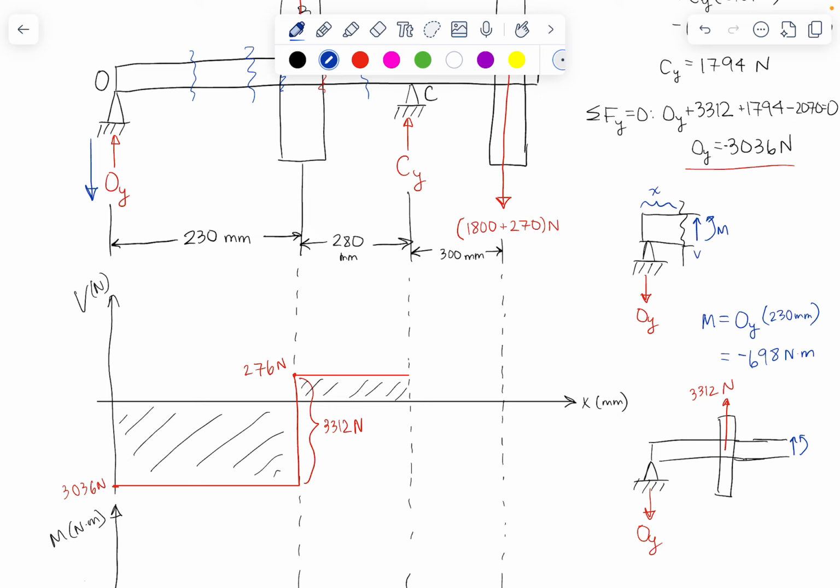So either way works. Now let's finish this up. We just have one more step to go.